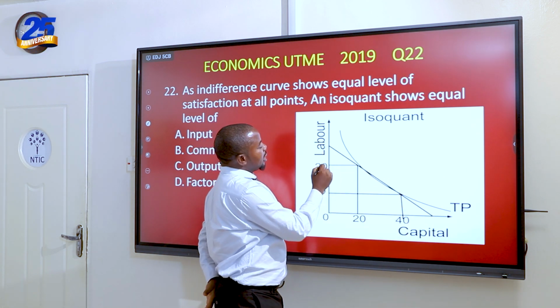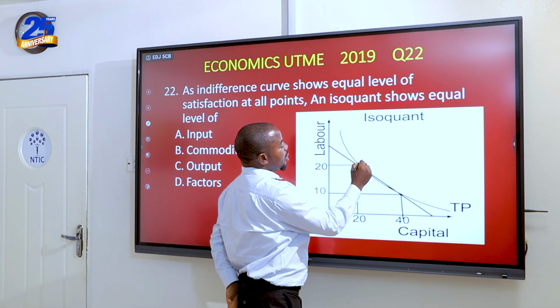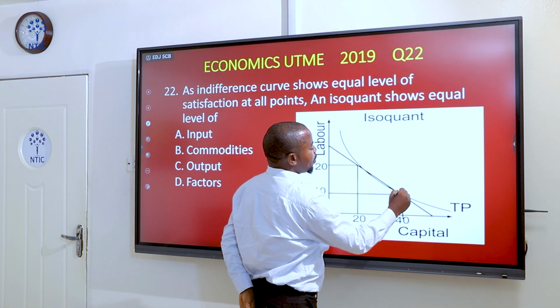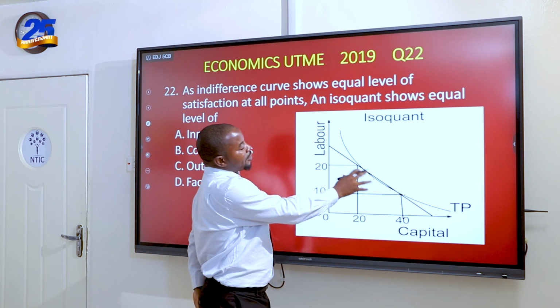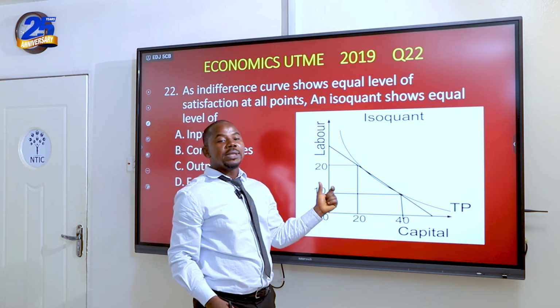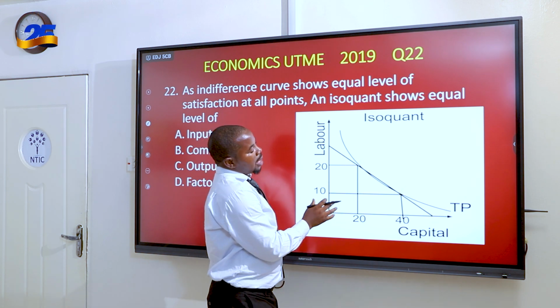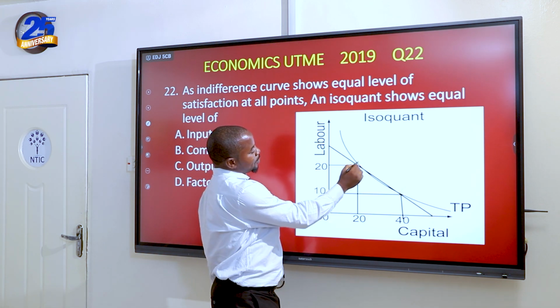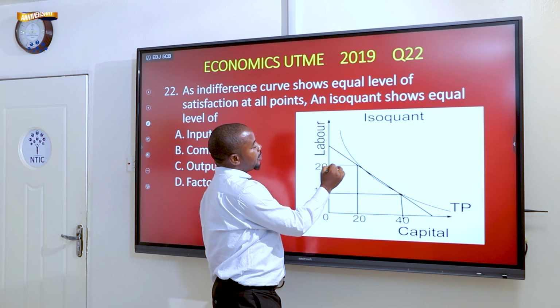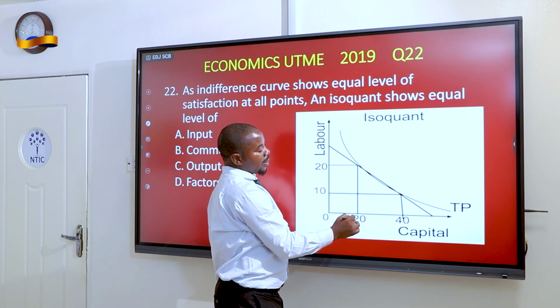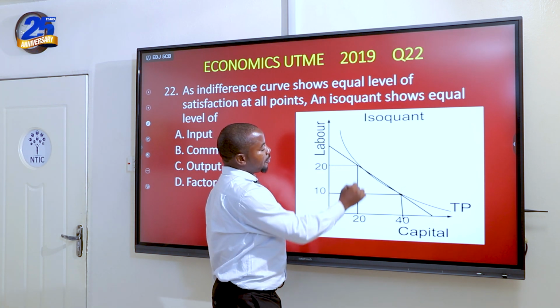You can see at this point, let's call this A and let's call this point B. At either of these points, the firm can produce goods using the same factor input that will yield the same level of output. At this point, if he uses 20 labor and 20 capital, it's going to yield the same level of output.